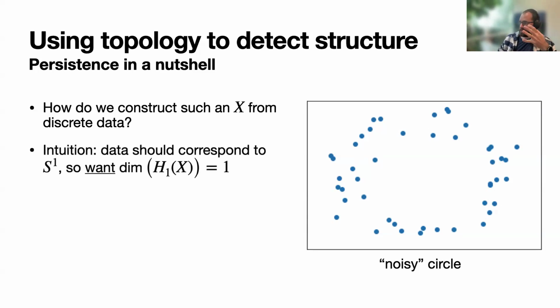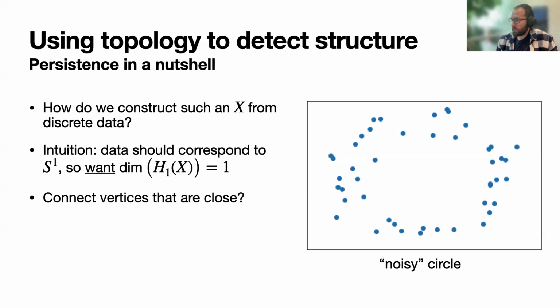Our intuition is that this is really a circle, and so I want the output of some algorithm to spit out, hey, the dimension of the homology is 1. There is a circular feature here. One of the most naive things we could do is simply to start connecting vertices that are close to each other. And I could turn this bunch of data points maybe into something like a graph.